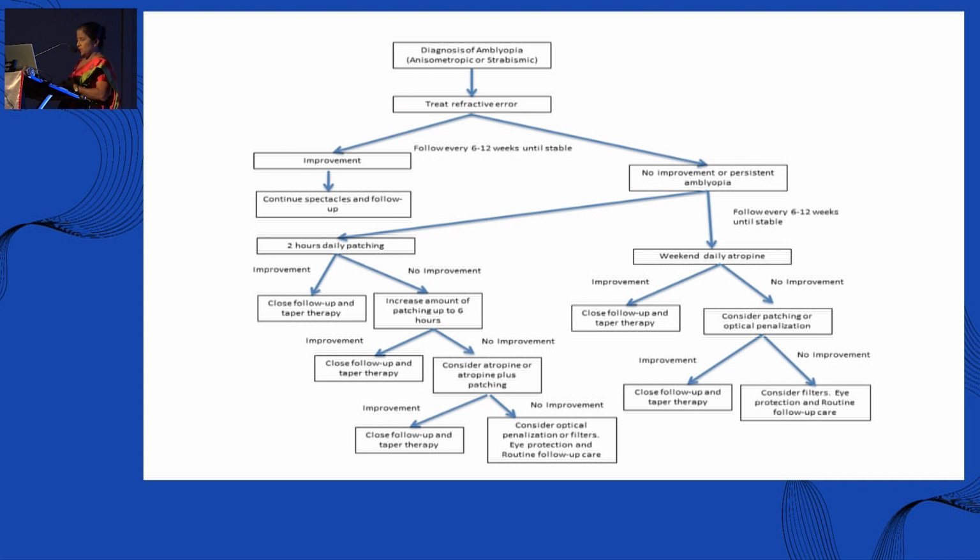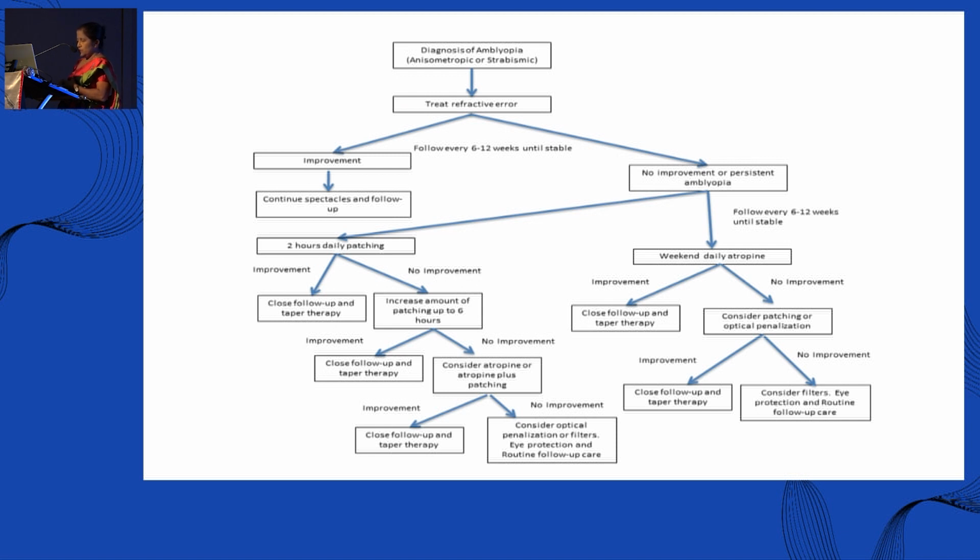And if there's no improvement with glasses for the refractive error, or persistent amblyopia, we follow them up every 6 to 12 weeks until they are stable. And we can add weekend daily atropine. If there's any improvement, we closely follow them up and then taper the therapy as well.